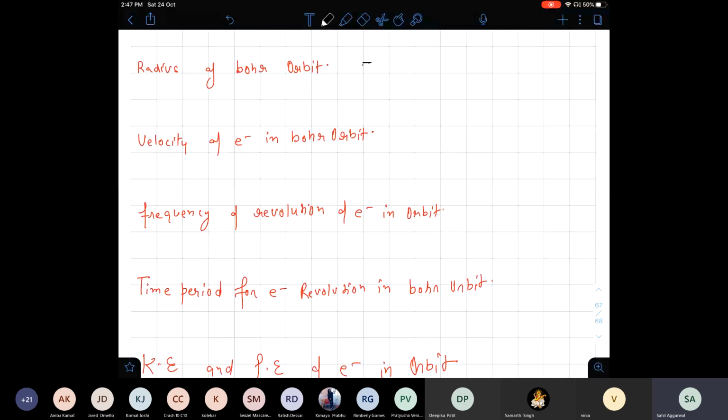The radius of nth orbit is directly proportional to n square by z.